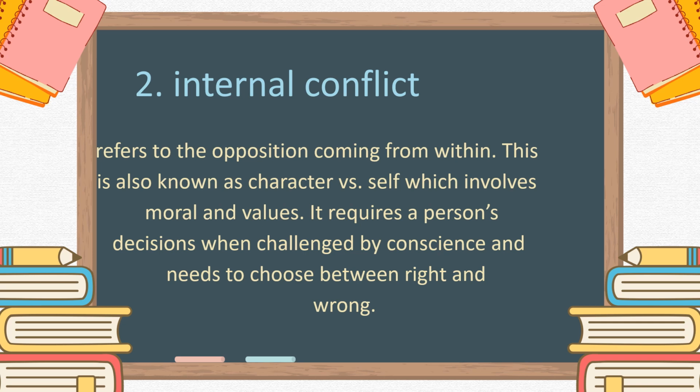Internal conflict refers to the opposition coming from within. This is also known as character versus self, which involves morals and values. It requires a person's decisions when challenged by conscience and needs to choose between right and wrong.